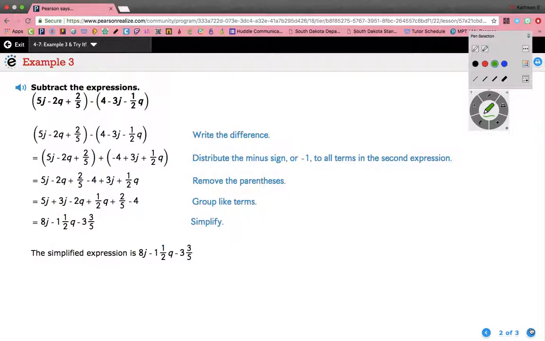That's what we did. We would have skipped this step and just gone right to that second step. Remove the parentheses, which we do by distributing that -1. Group like terms, simplify, just like we did in the question before. The steps are the same. We managed to do them on our own.